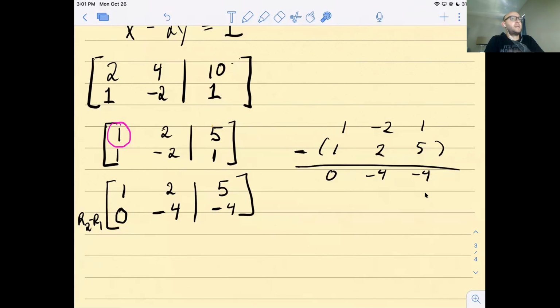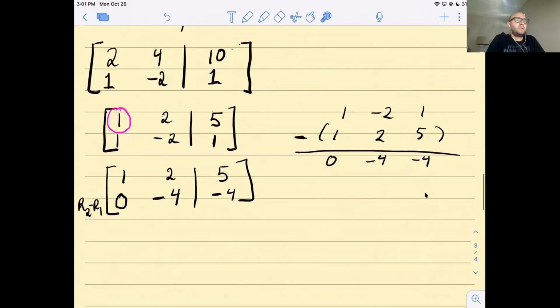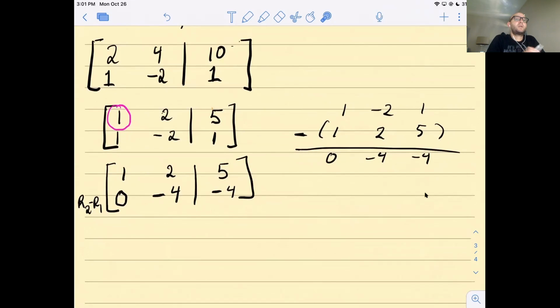Okay, now that I have minus 4 and minus 4 here, remember I want to get a 1 over here. So what can I do to R2 to get a 1 there? I divide everything by minus 4. Is everyone okay with that? Please hit yes if you're okay with how we got 0, negative 4, negative 4.